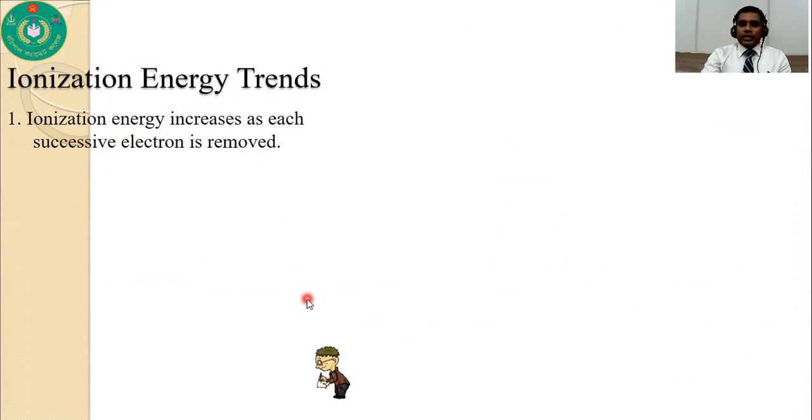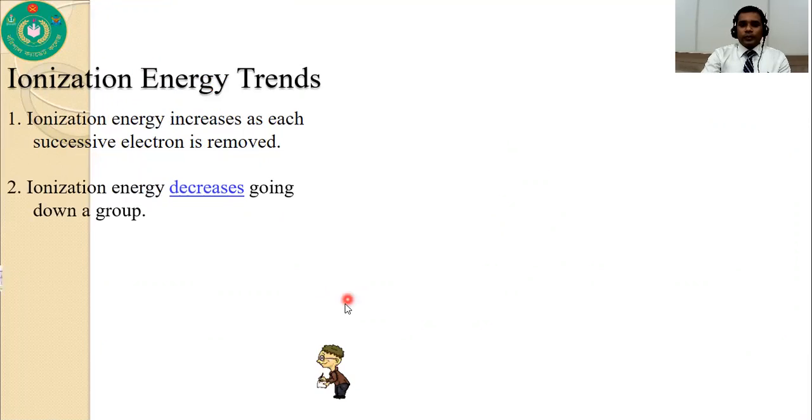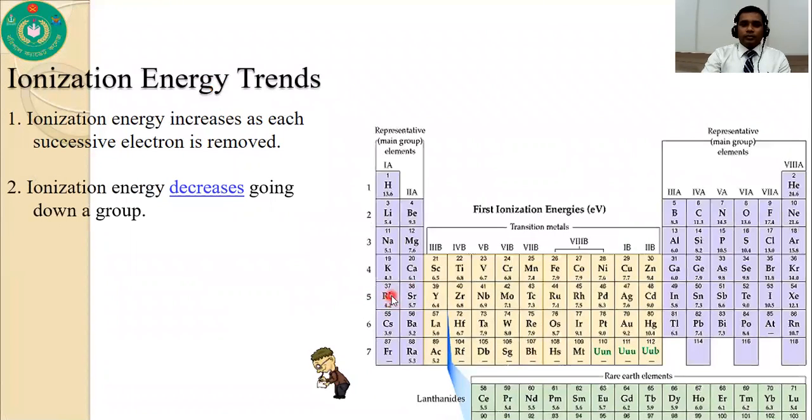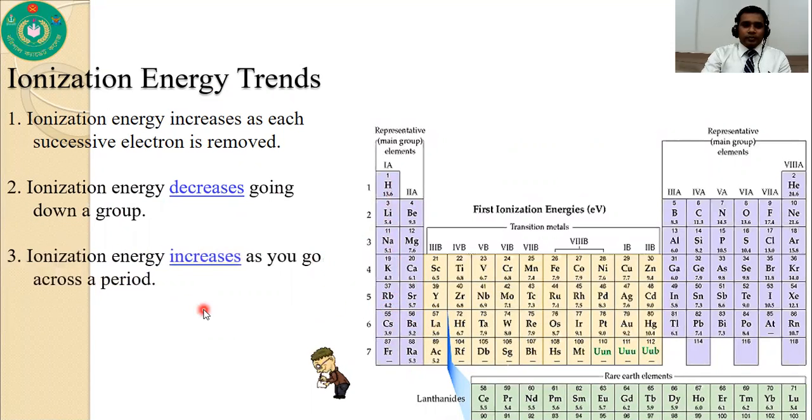So now, ionization energy trend in case of group. If we go down a group, ionization energy decreases within a group.